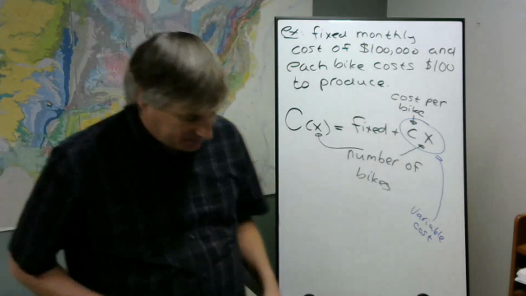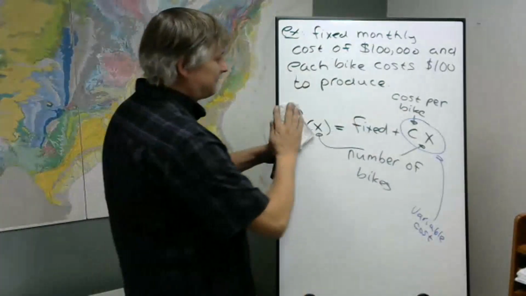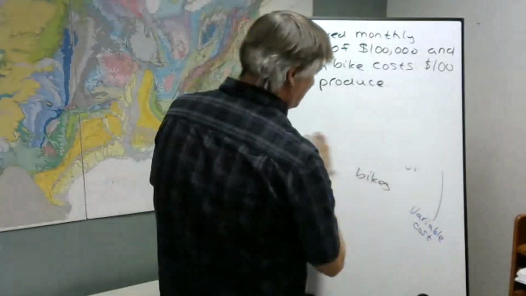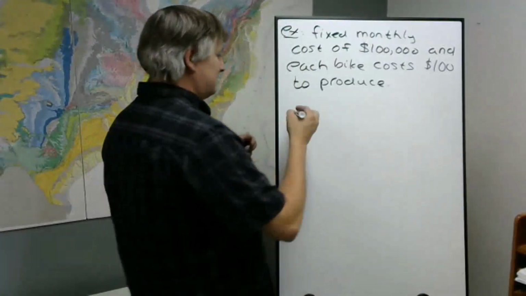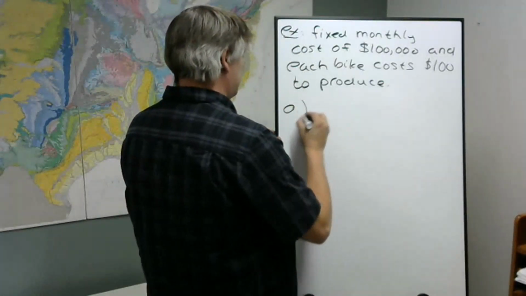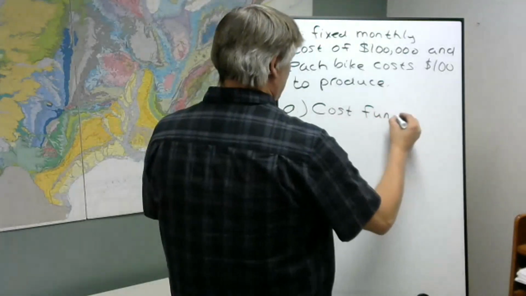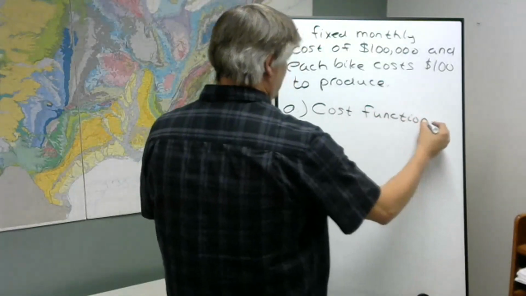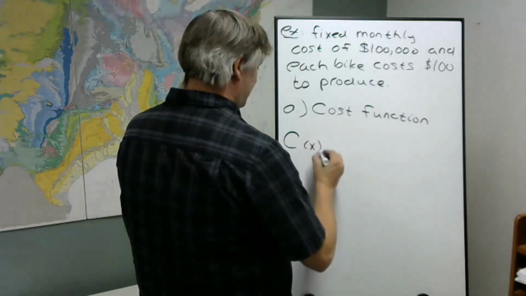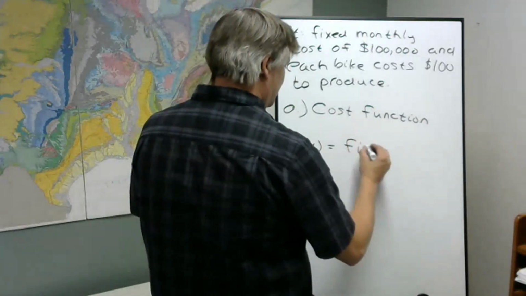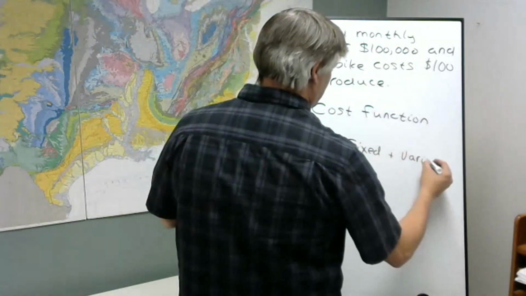Let's see how this works. So part A, write a cost function. So cost function, C(x), is the fixed cost plus the variable.